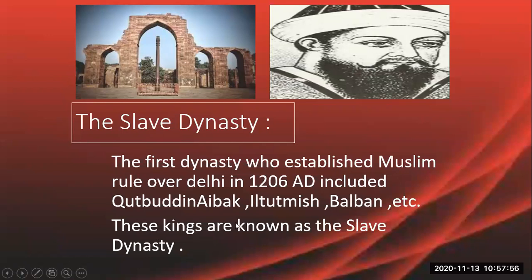They got freed from their slavery. That is why Qutbuddin Aibak, Altamish, and Balban were slaves, right? When they got free, they started their sultanate, and that is why it is called the slave dynasty, because three of the main persons from this dynasty were slaves.